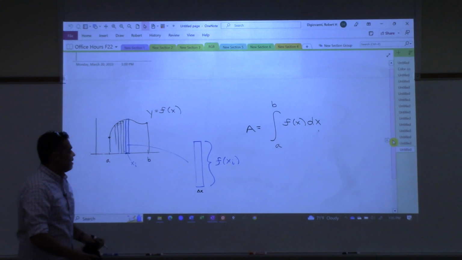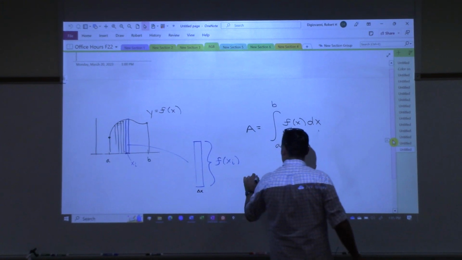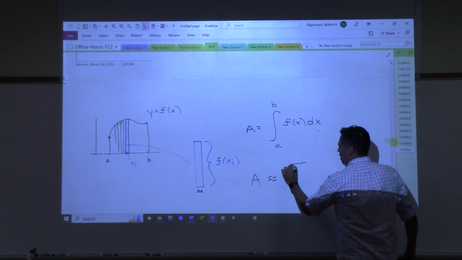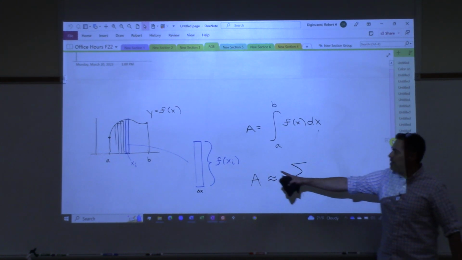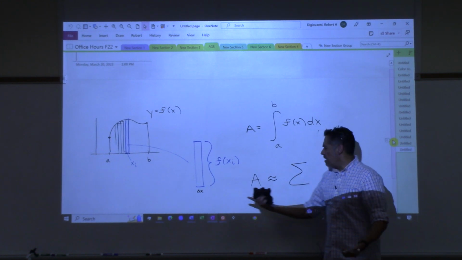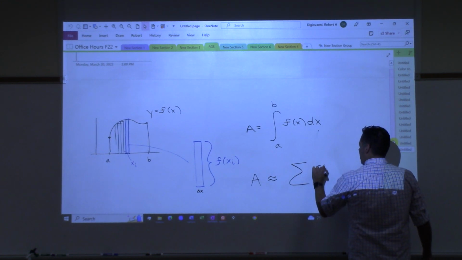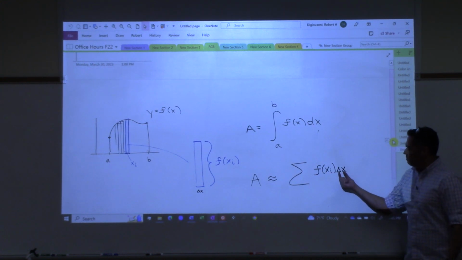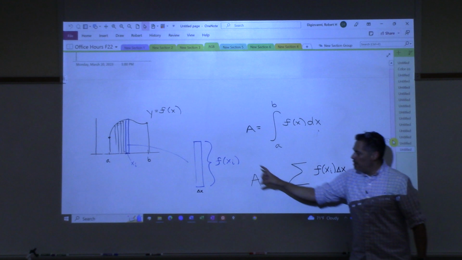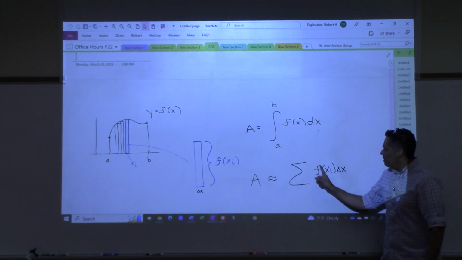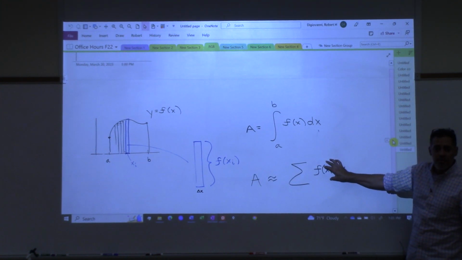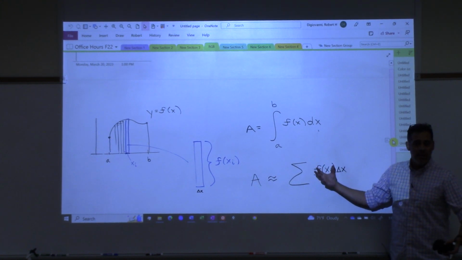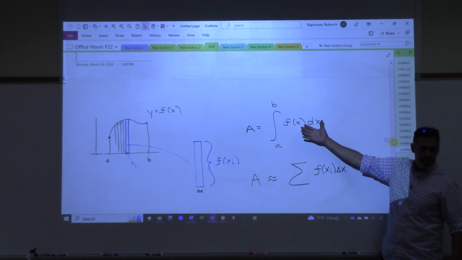So the area should be approximately the sum of all of these areas. If we sum every height of every rectangle times every width, height times width gives you that area. If we take the sum of each one of those and let the number of rectangles go to infinity, we get this.